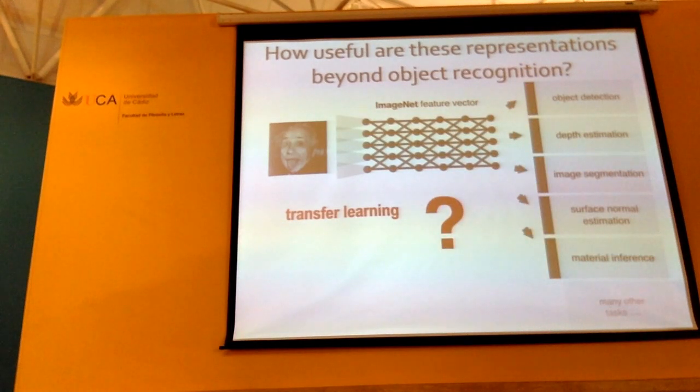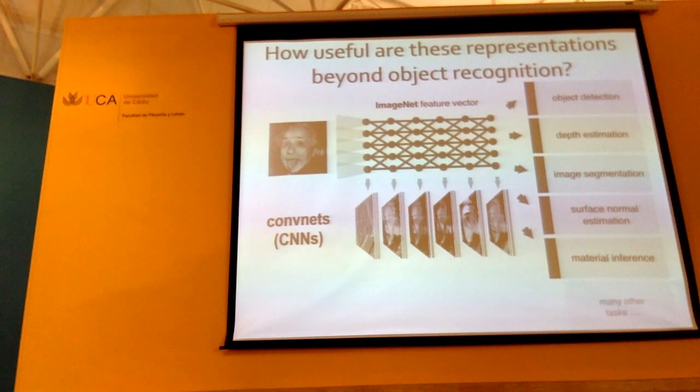Okay, so the idea basically is that after you train these lower and intermediate layers, hopefully they are useful for all kinds of tasks, like object detection, depth estimation, image segmentation, and so on. And I haven't really said much about this network yet.